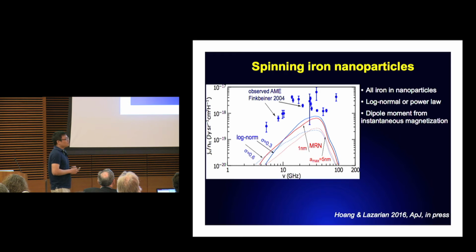But iron nanoparticles have a much smaller dipole moment than nanosilicates, and also a small abundance. If we assume that all iron abundance is in nanoparticles, we can see that the emission by spinning iron nanoparticles alone cannot reproduce the observed anomalous emission, but they still contribute at some level.